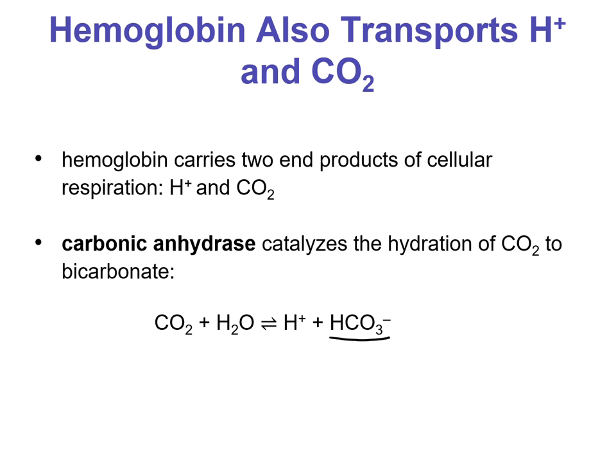Now you might be scratching your head like, bicarbonate, I feel like I've seen that before. We're talking about red blood cells, bicarbonate, blood. Yes. Remember that bicarbonate is part of the buffer system in your blood. So that is the conjugate base that helps to regulate the pH and keep it somewhere in the range of 7.3 to 7.4.